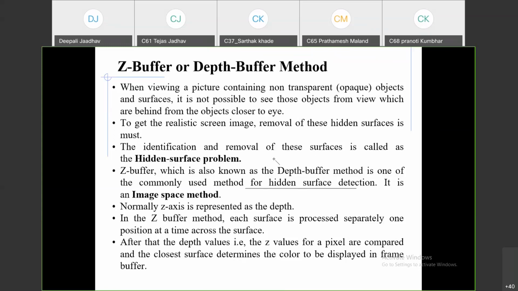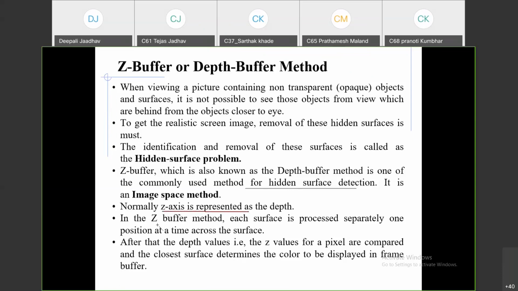Whenever there is a third coordinate, when we need to identify the depth, we use the z axis. In the cube example we have seen, along with x and y coordinates, the z coordinate is used, and it represents the depth. So here also the z axis is used to represent the depth.